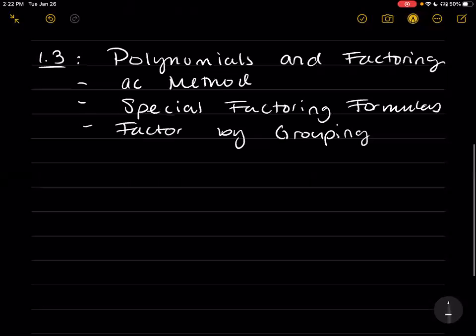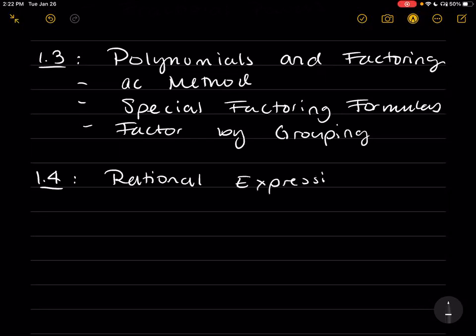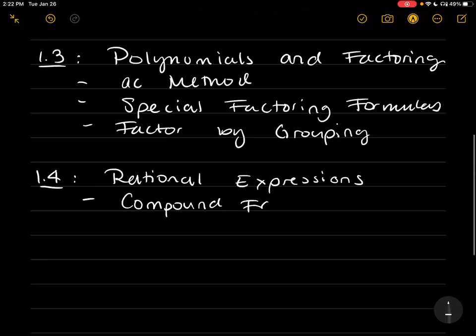And then we moved on to section 1.4, which covered rational expressions. And in that section, we mainly talked about compound fractions, and rationalizing the denominator.